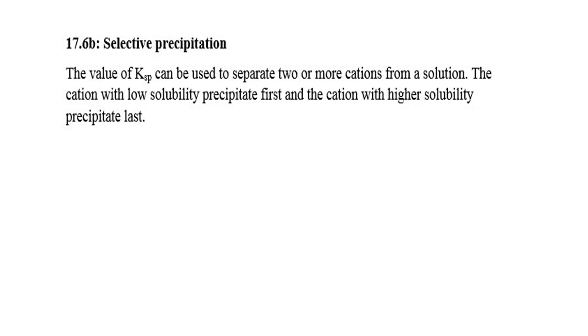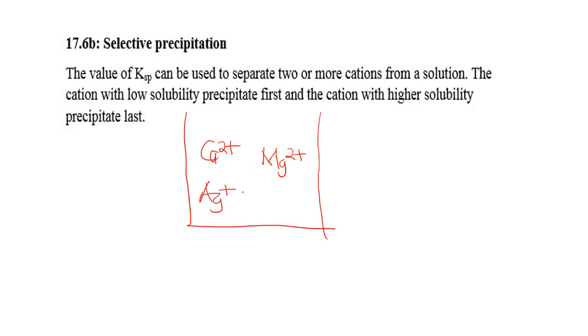Sometimes you have several ions in a certain solution. So for example, let's say we have a container, and this container has calcium ions, magnesium ions, maybe sometimes silver ions.